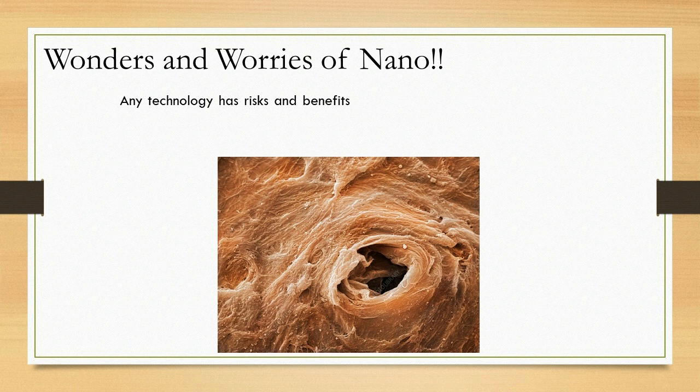This image is an electron microscope magnified image of a sweat pore on our skin. You can see the pore diameter is a little larger than the nanoscale. So a researcher who is working on nanomaterials must take much precaution so that nanomaterials do not enter his body through such pores.